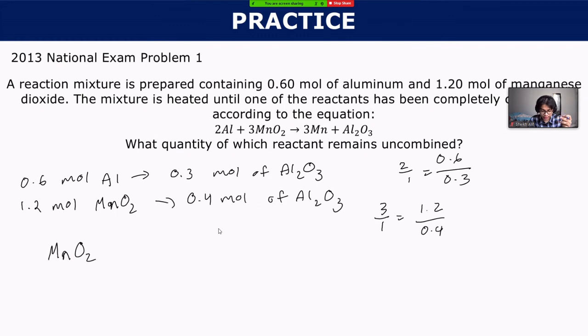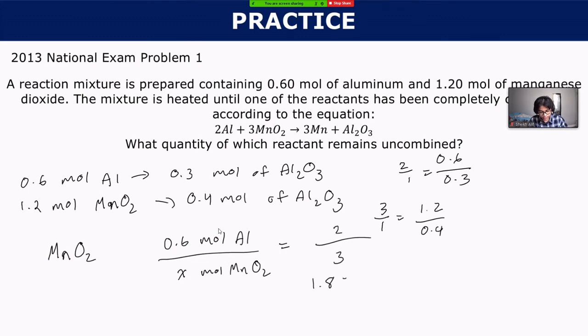Well, now we can compare the reactants, right? With 0.6 moles of aluminum, how many moles of manganese is that? Well, let's just say it's X moles of manganese oxide, and we know that the ratio between them is 2 to 3.